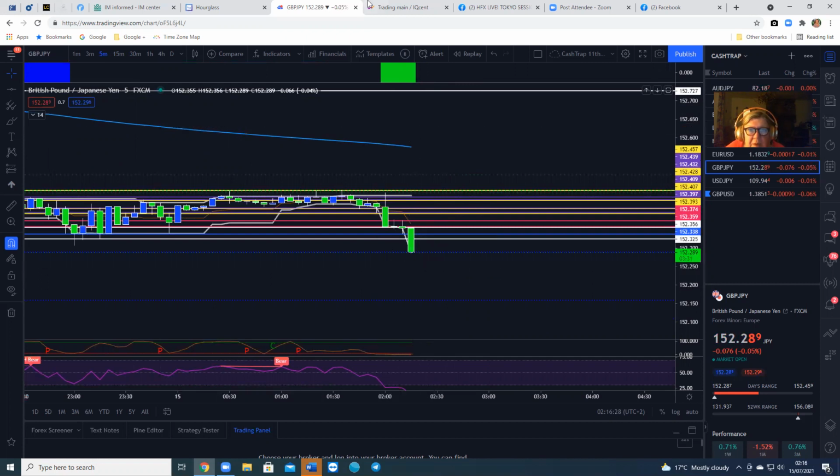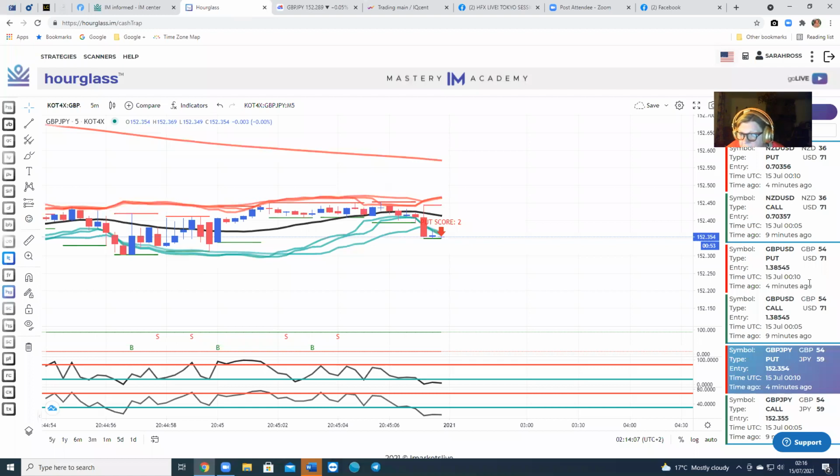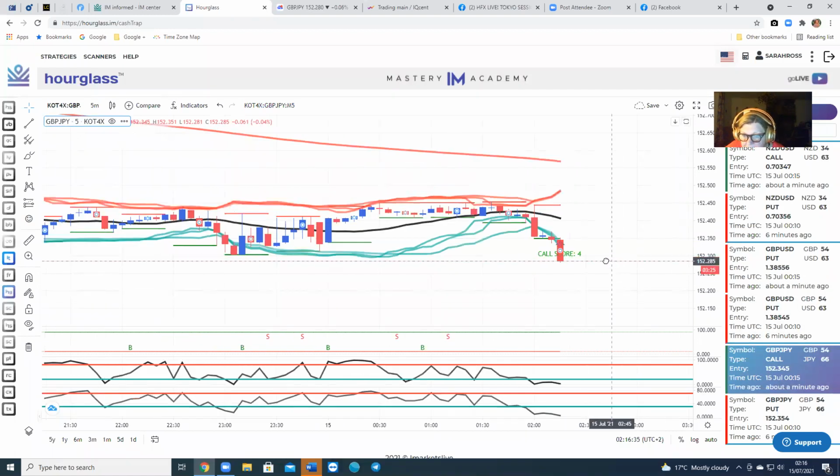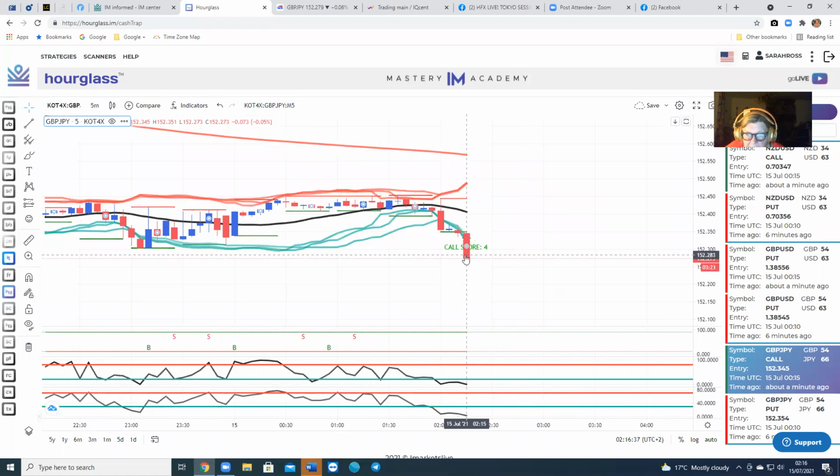So that was a very nice one there. And it gave a call score of 4 because it's an algorithm, so it's coming off that Bollinger Band.